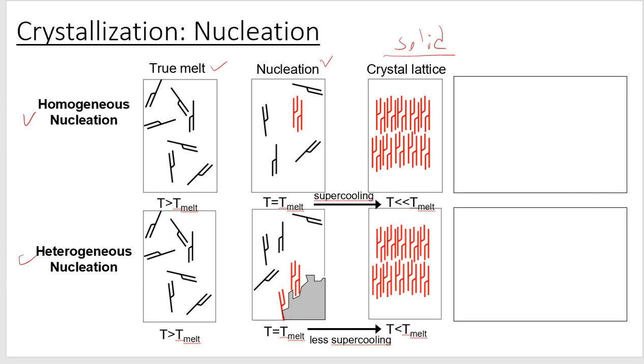But what is the difference? The difference between homogeneous and heterogeneous nucleation is that in homogeneous nucleation, there is no surface for the triacylglycerols to crystallize on.